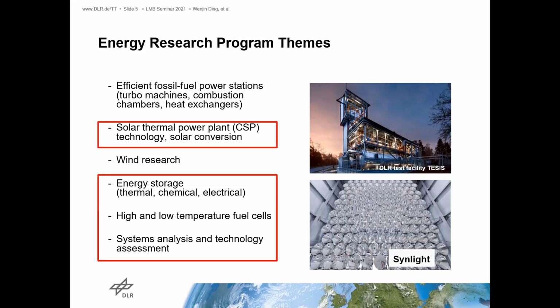Here you can see 2 pictures. This is a molten salt test facility of our group. I think it is the largest one in the world. It can do experiments using 100 tons of molten salt.